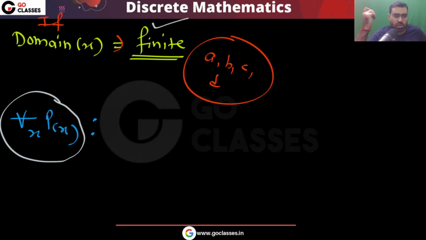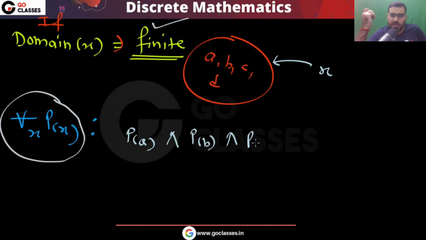This statement, for all x px, says that for every value of x in the domain, p is true. It means pa is true, and pb is true, and pc is true, and pd is true.